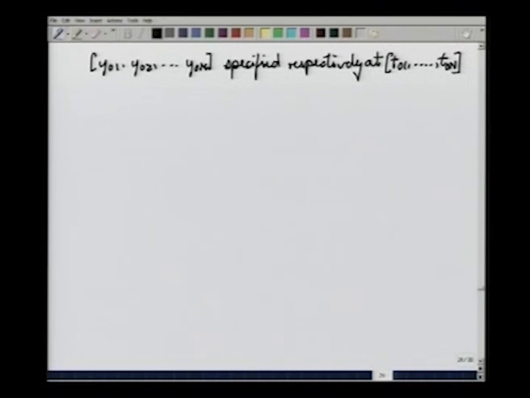So, you have these specified at these instants, and you have x(t) being applied, and you get y(t) as the output.